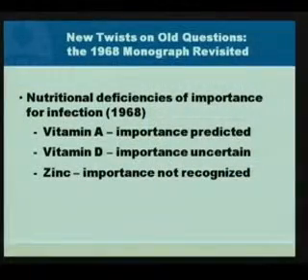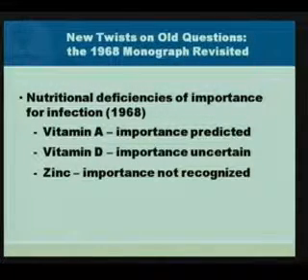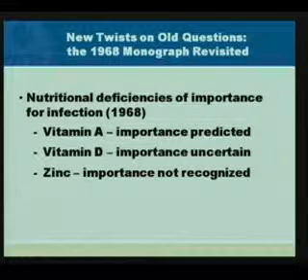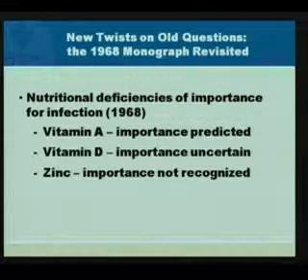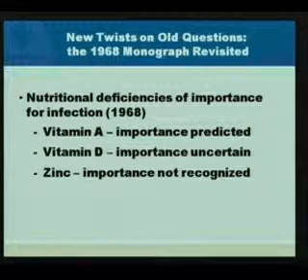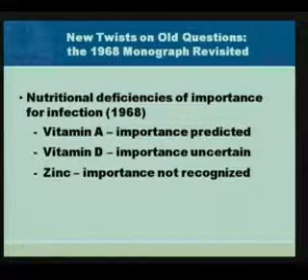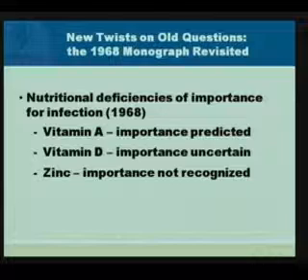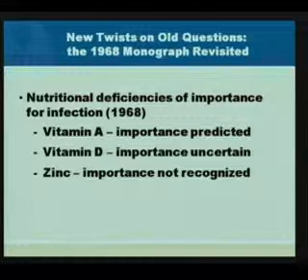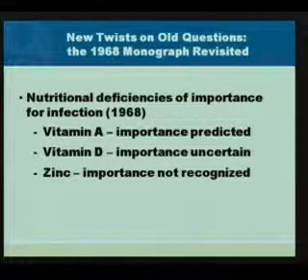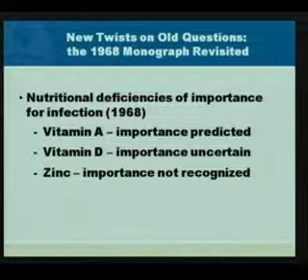If one looks back at the monograph, and it was interesting to do that, I'm sure for all of us in preparing for this symposium, what I would say, just reading it, was that they actually predicted pretty well how important vitamin A deficiency was. They had a lot of coverage of the literature of the time, and I think that has been borne out, again, in what Charles told us with randomized trials and the demonstrated effects of vitamin A supplementation.